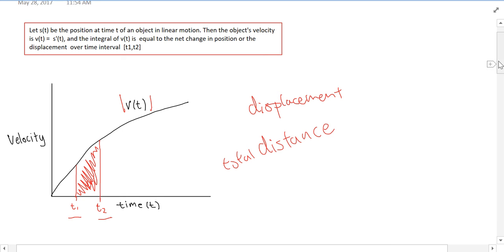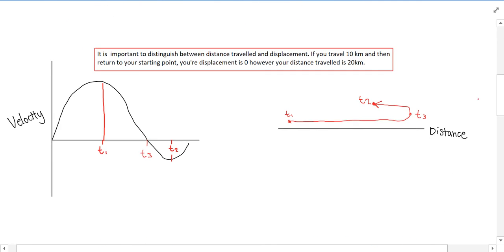However, we must distinguish between distance traveled and displacement. Let's say I travel 10 kilometers and then come back to the same spot. My displacement is 0. However, my distance traveled is 20 kilometers, because I traveled 10 kilometers to get somewhere and then 10 kilometers to get back.